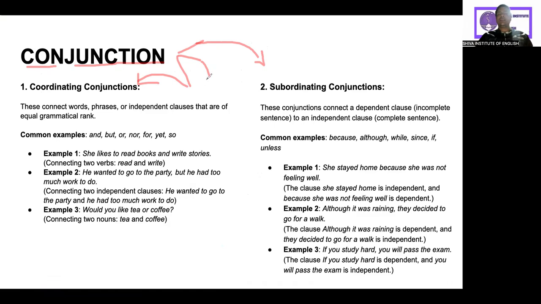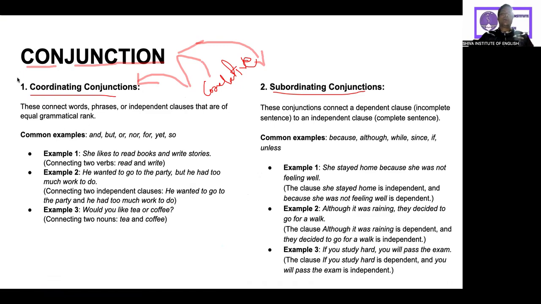My handwriting is very poor in this, because of the kind of writing on the laptop. Yeah, correlative conjunction. So here you have coordinating, subordinating, and correlative.